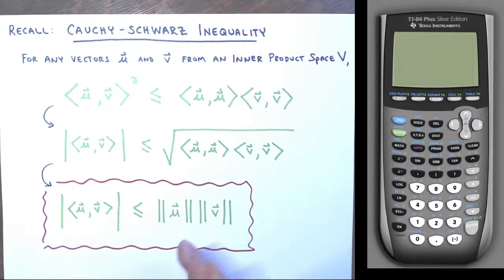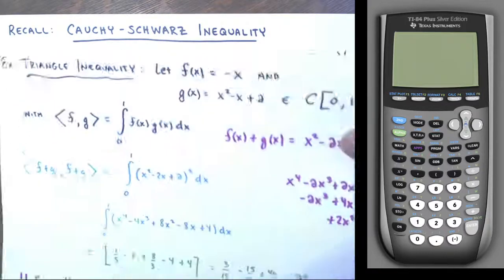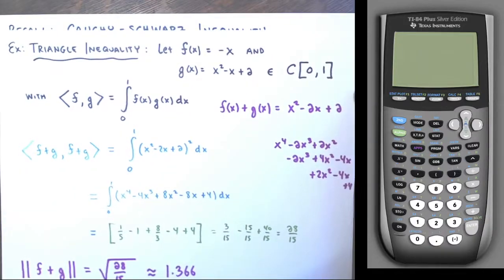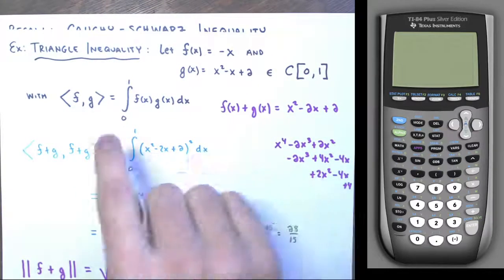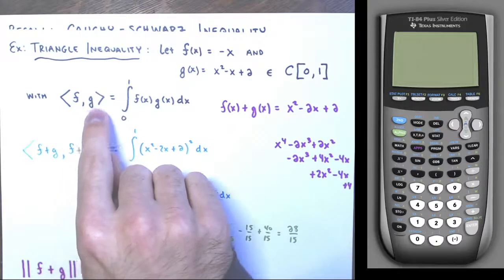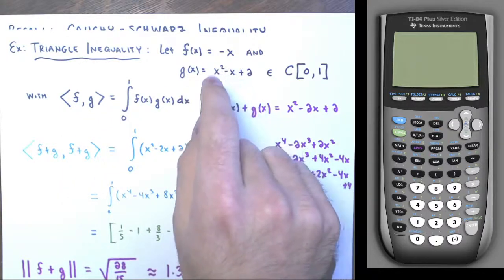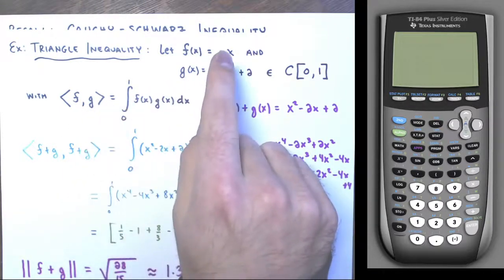And if you'd like to, you could go back to this example when I was showing you the triangle inequality. Now, I didn't do the inner product of f with g. We could take f times g and integrate.